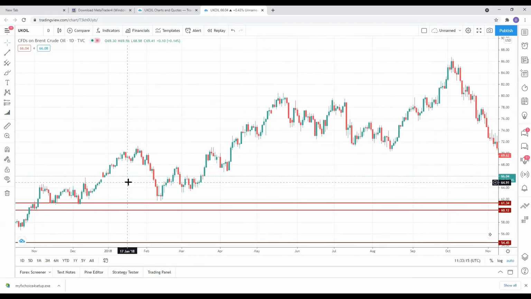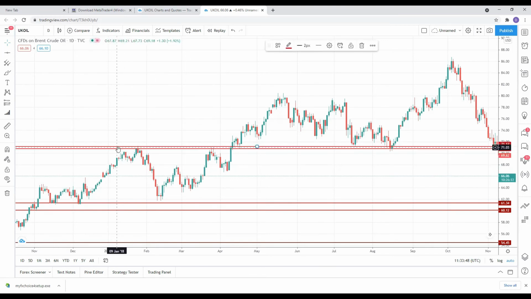Just like support can be determined by lower lows, resistance can be determined by higher highs. How do we identify an area of resistance? This zone is a potential area of resistance. How do we know?